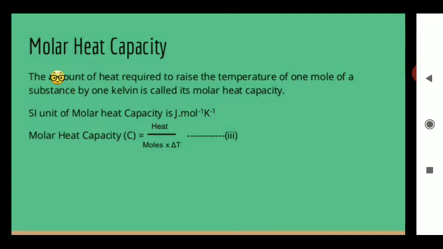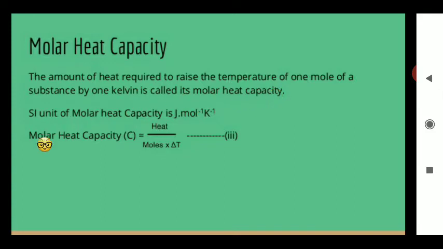So how can we define the molar heat capacity? The amount of heat required to raise the temperature of 1 mole of a substance by 1 Kelvin is known as molar heat capacity. Like the previous two definitions, in this definition we have taken the quantity in terms of the mole, whereas in the previous two definitions, we have taken the quantity in terms of the gram.